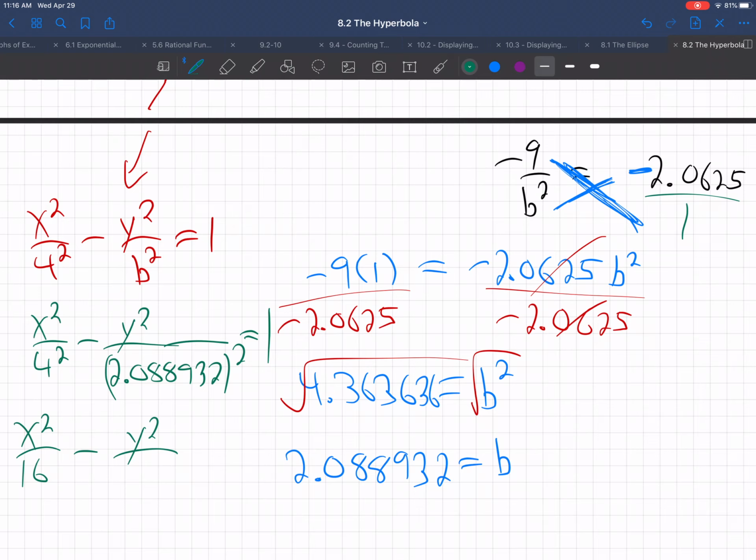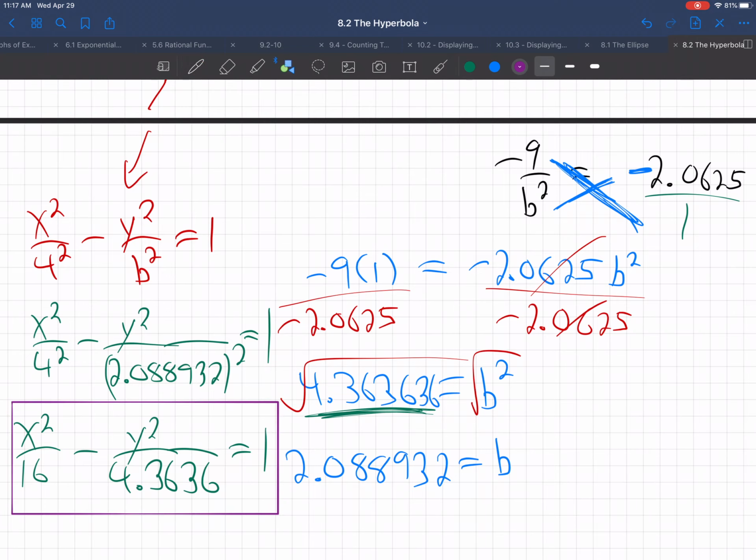If you square that on your calculator, you get 4.3636. That makes sense. We should have just used it from right here, right? Because that's b squared. But that's all right. It doesn't matter. We'll just leave it as it is. And so that is our answer.